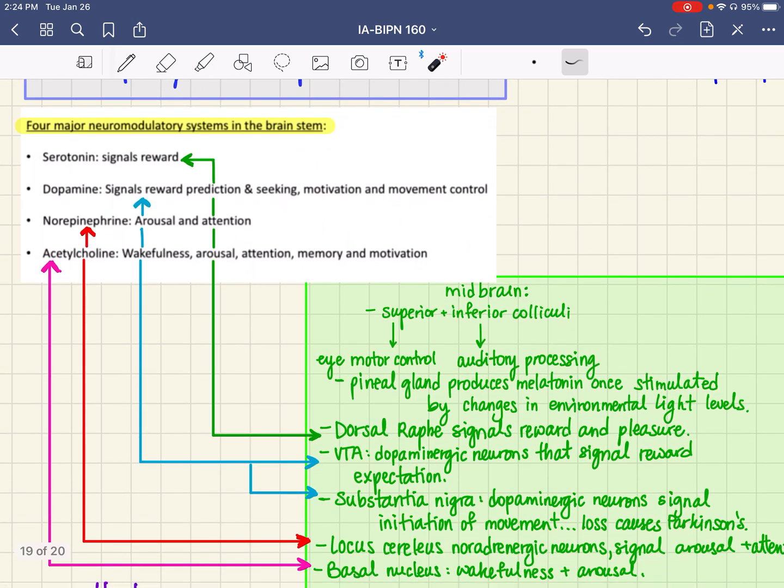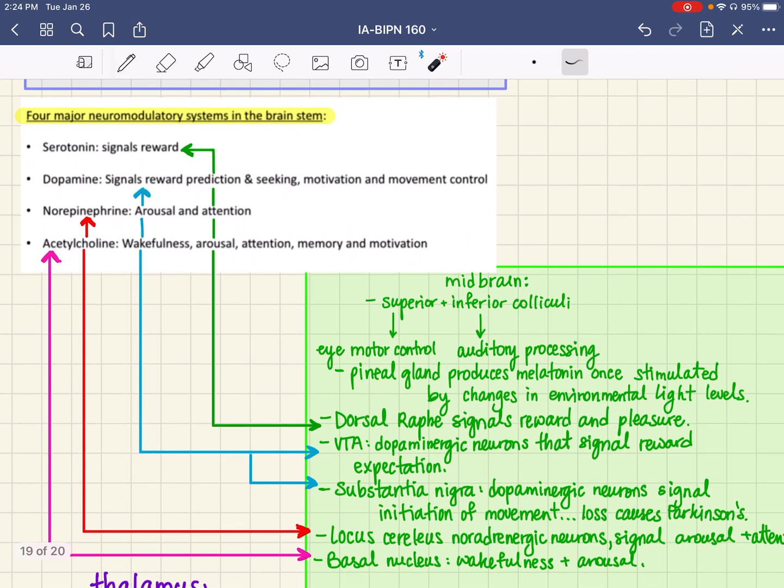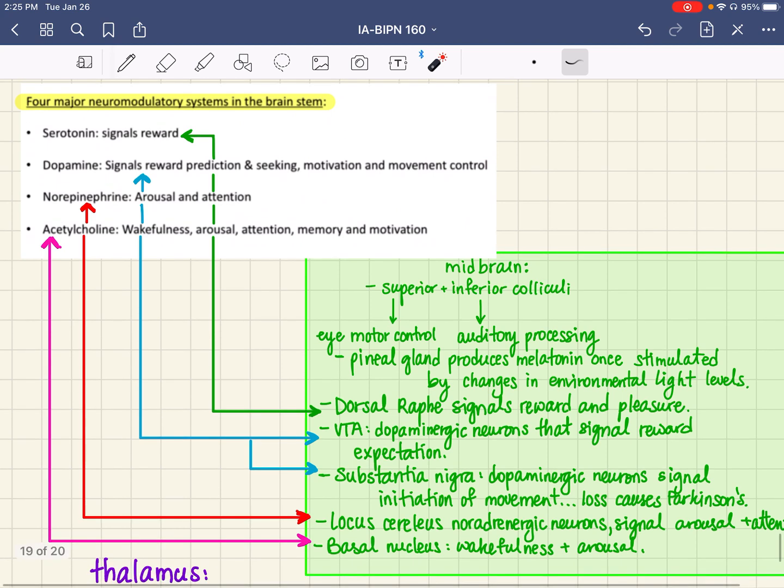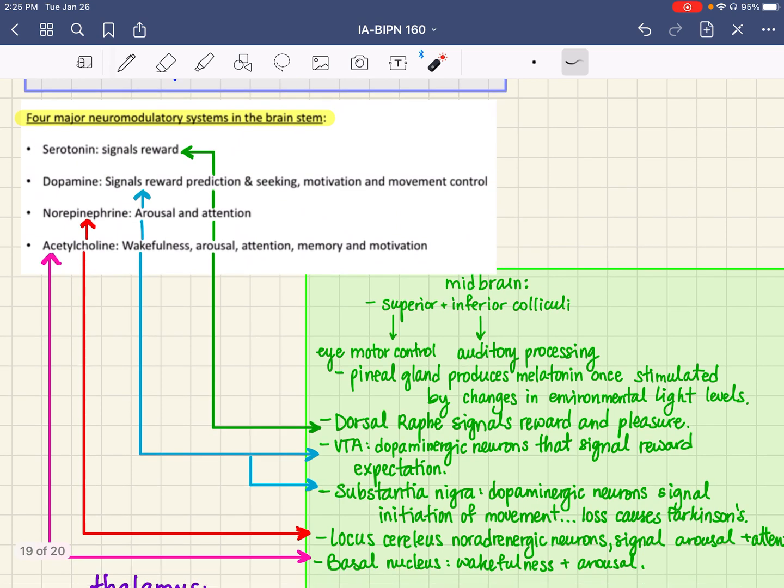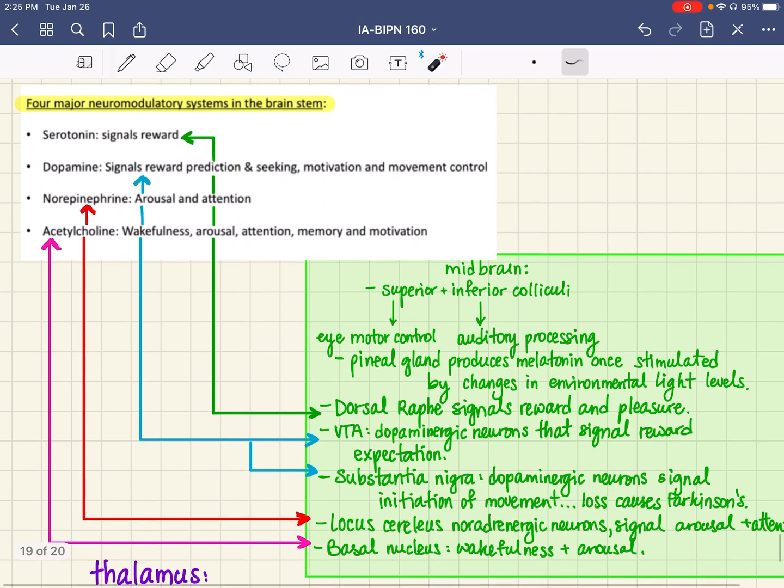Okay. Then we went ahead and talked about the 4 major neuromodulatory systems in the brainstem. Some of these are in the midbrain, some of these are in other places, but I think what you mostly need to do is just commit to memory or know exactly where these definitions are in your notes, because this will be easy points on your exam if you're asked about these.